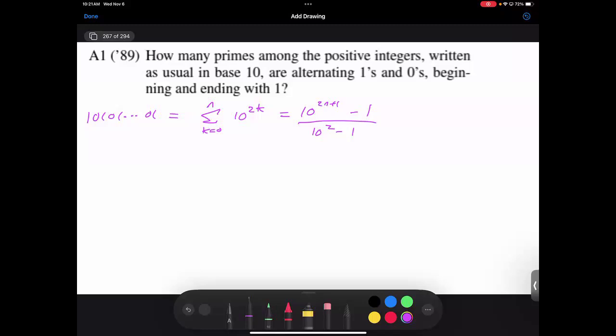Another way you could look at this is you could say, this is an old trick, x equals 10101 dot dot dot dot 01. What would be a good thing to multiply x by to get a lot of cancellation? This is similar to how you prove the geometric series formula.